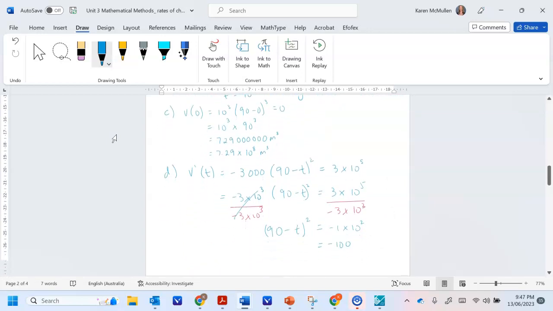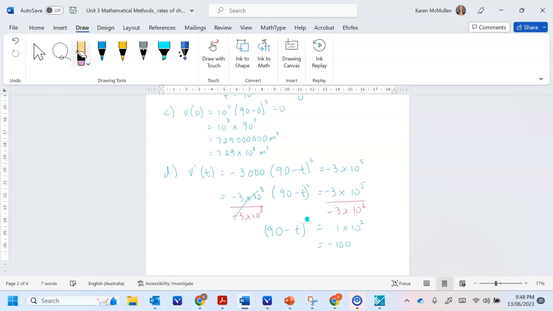So quick check-in on why I thought something had gone wrong: my next step would have been to get rid of this squared sign, which meant I would have to take the square root of a negative number, which can't do to get a real solution. So I knew, well, can't have a negative there. Because it's being emptied, I had to have a negative here, which gives me a positive.